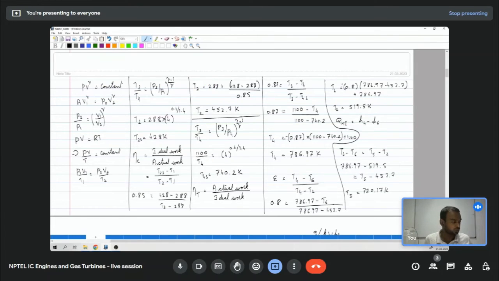We continue with the assumption of 4, and found that the isentropic turbine outlet temperature is 740.2 Kelvin, but in actual, using the turbine efficiency, we got 786.97 Kelvin.